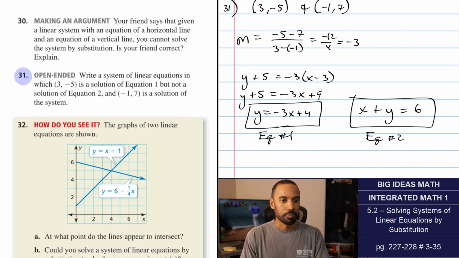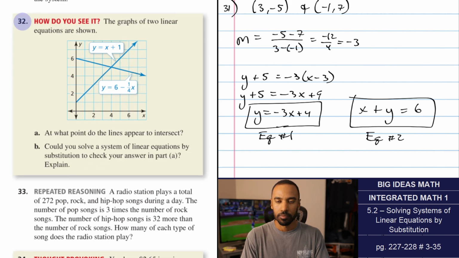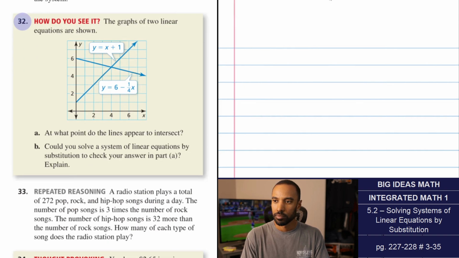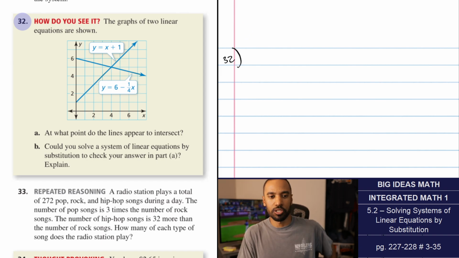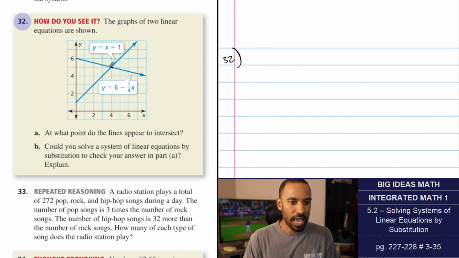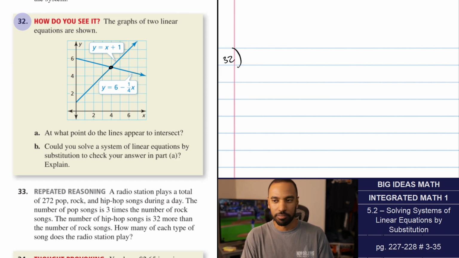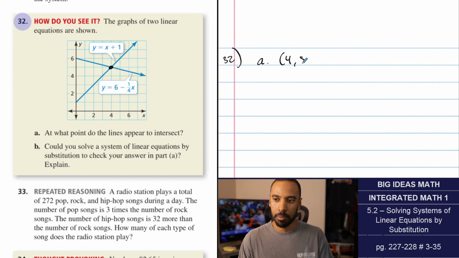All right, number 32. How do you see it? The graphs of two linear equations are shown. So this is kind of like solving by graphing, but it's not quite. At what point do the lines appear to intersect? Well, they appear to intersect at (4, 5). I've got to get my eyes checked here a little bit, but yeah, there it is. (4, 5).